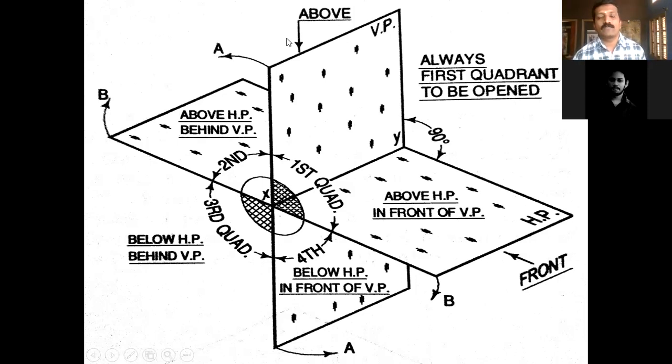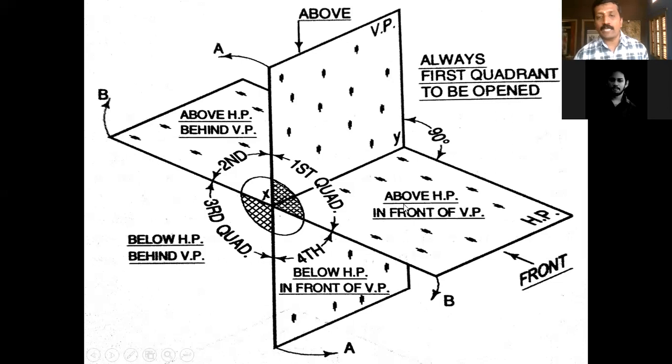Whichever object is on the right side of the vertical plane is called in front of VP. Whichever distance of the object is on the left side of this vertical plane is called behind VP.